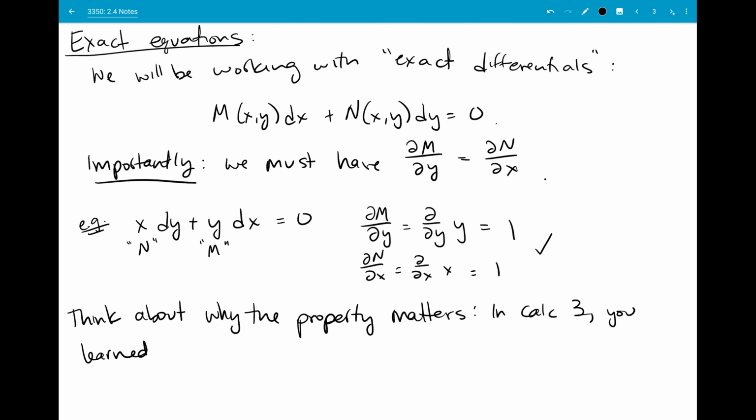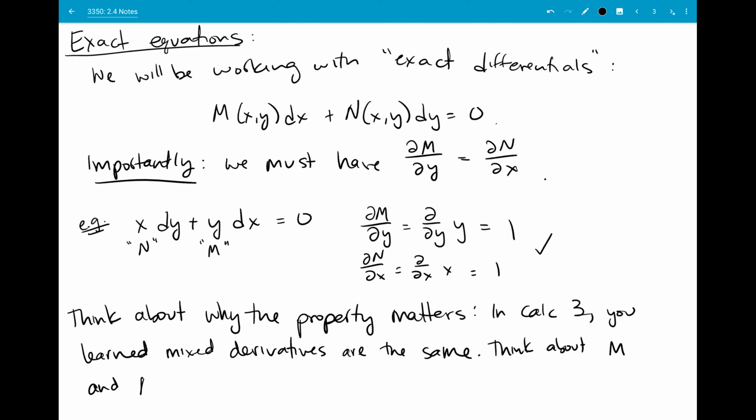You would have learned about mixed derivatives, that d²f/dxdy should be equal to d²f/dydx. So think about M and N being connected to the derivatives of the same function, or being differential forms of the same function.